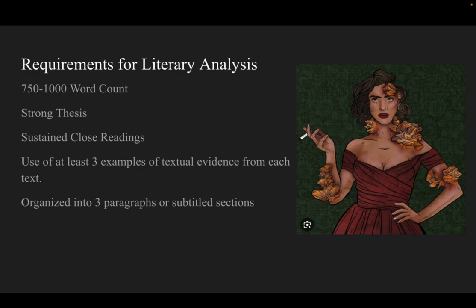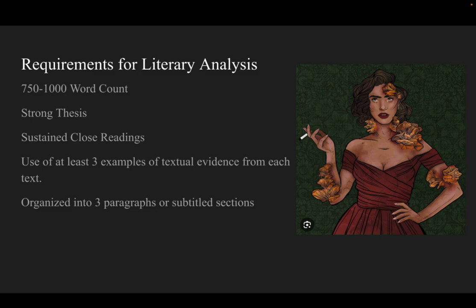You must have a strong thesis that talks about the treatment of women in both texts, sustained close readings, which we have already talked about with our previous assignments, and then at least 3 examples of textual evidence from each text.